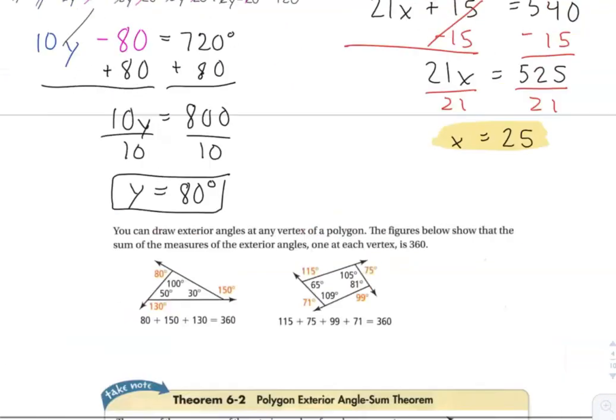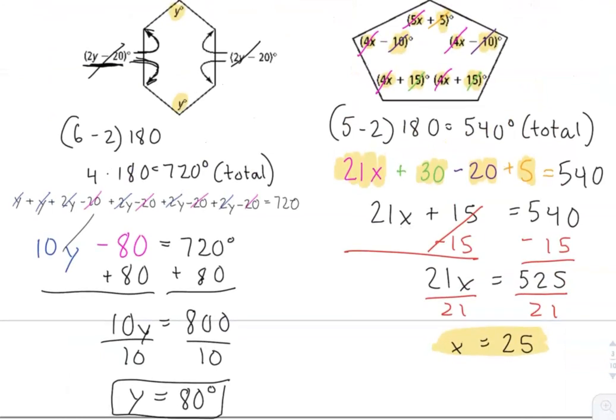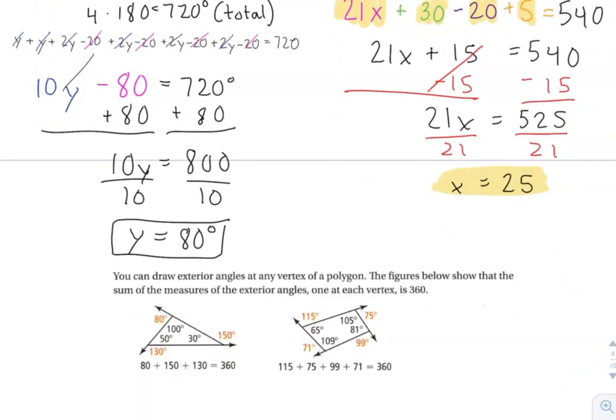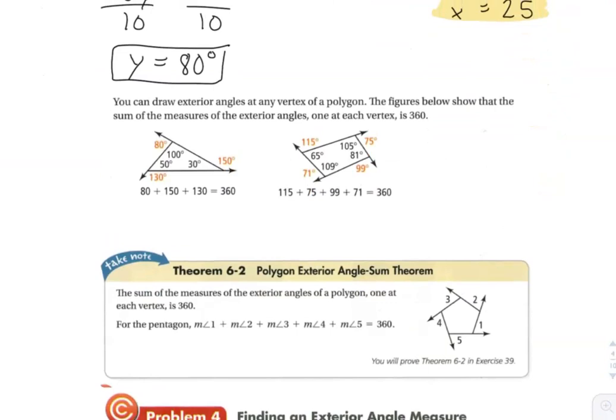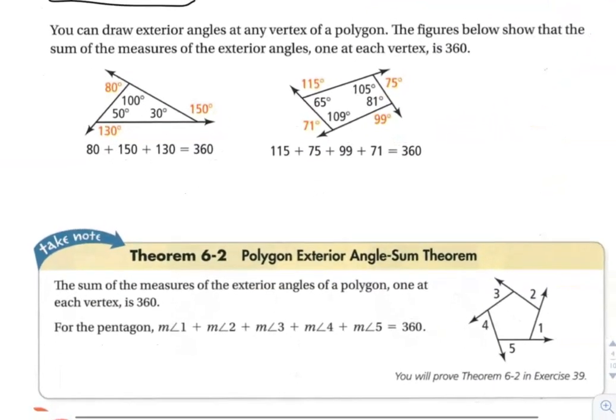All right, so that was talking about the interior angles of our polygon. We're now going to move on to the exterior angles, which looks a little bit strange drawing, extending your sides to create your exterior angles, but the theorem here is actually even easier to work with. So you can draw exterior angles at the vertex of a polygon. The figures below show the sum of the measures of the exterior angles.